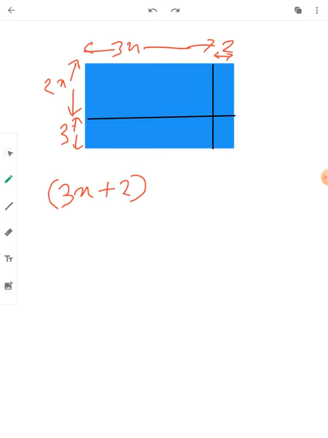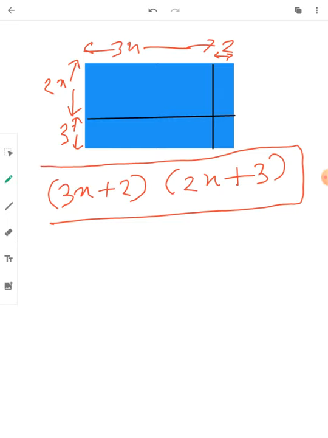Likewise, the width is equal to 2x plus 3, you have to add these two lengths. So this is the area of the whole rectangle, right? So let's do one by one.